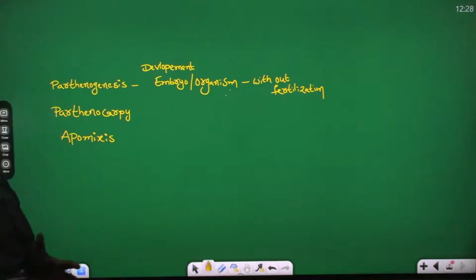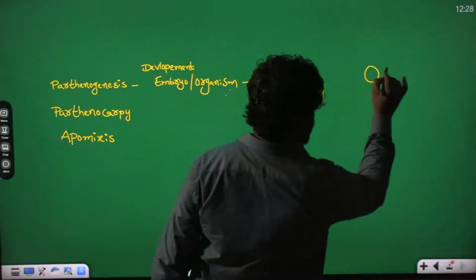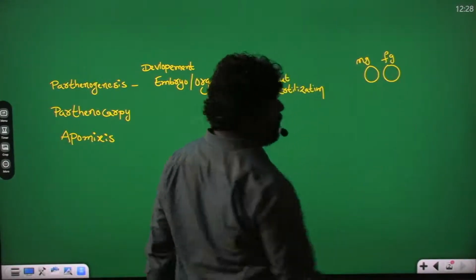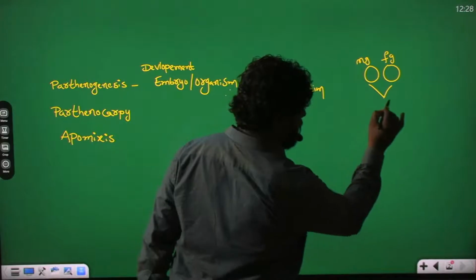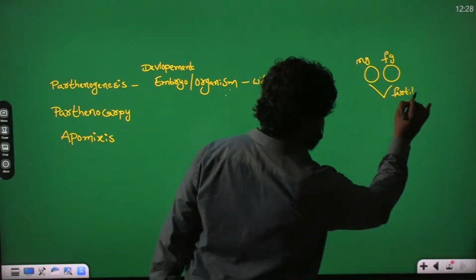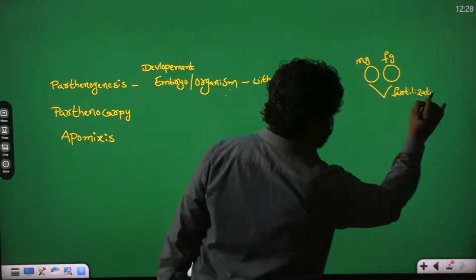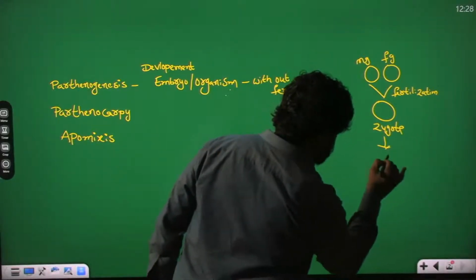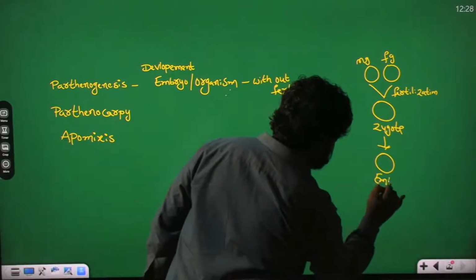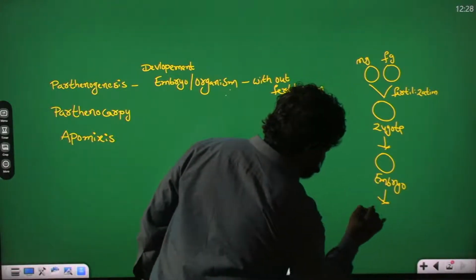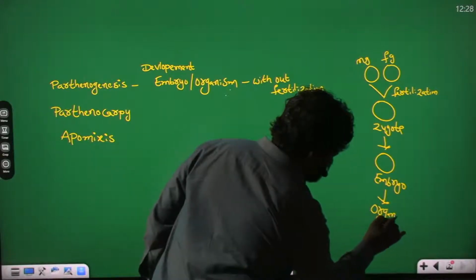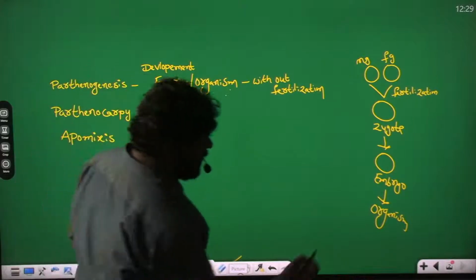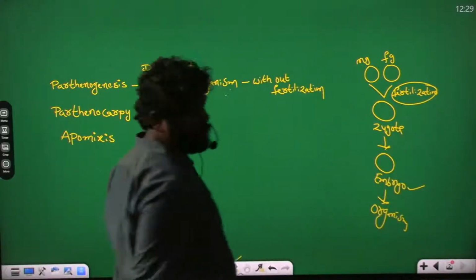Because of fertilization, a zygote forms. Generally, this is the male gamete, this is the female gamete, and both fuse with each other. In the general case, both participate in fertilization, and it produces a zygote. The zygote develops into an embryo. The embryo then develops into an organism. This is the sexual reproduction process we know. So generally, the embryo is developed after fertilization.